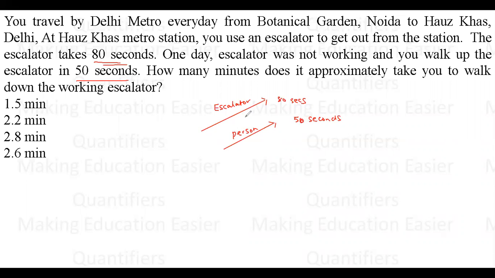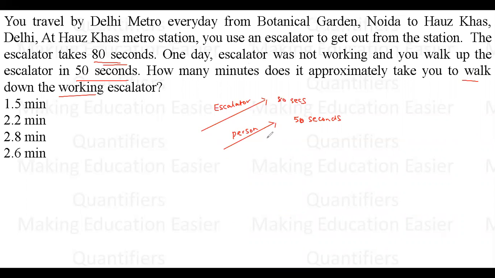Now the question is how many minutes will it take if you walk down the working escalator? Now students, what they have asked is that now both escalator and person are moving, but in opposite direction. So they are moving in opposite direction and both of them are working.